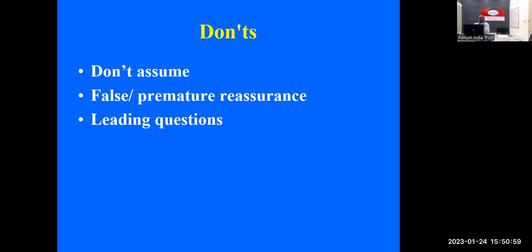That's what we want, isn't it? So for getting that response, you will ask, your pain is reduced, isn't it? So most of the patients will tell, yeah, but that's a leading question. You are actually prompting the patient to say that my pain is reduced. So that type of question should not be asked.